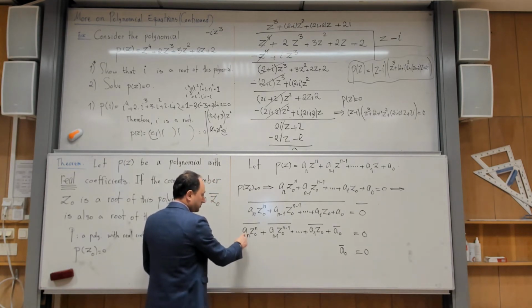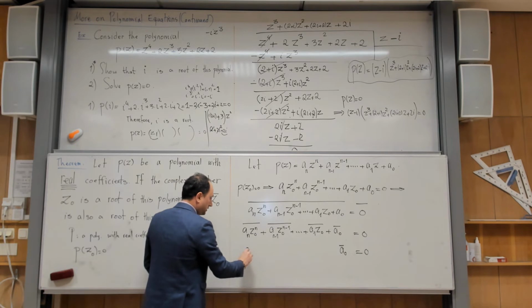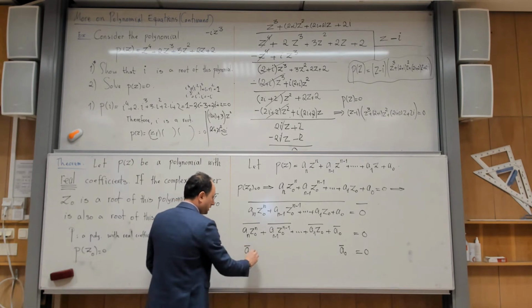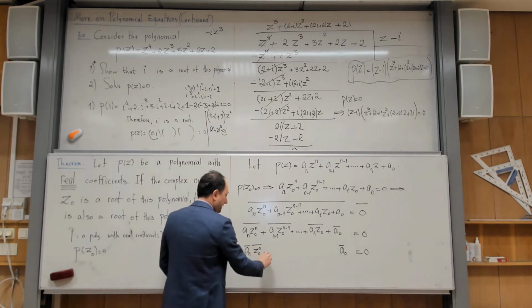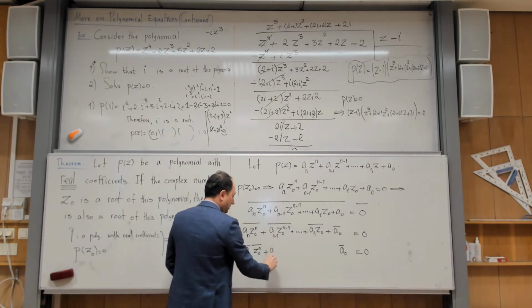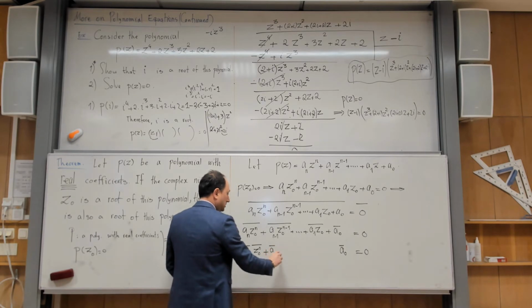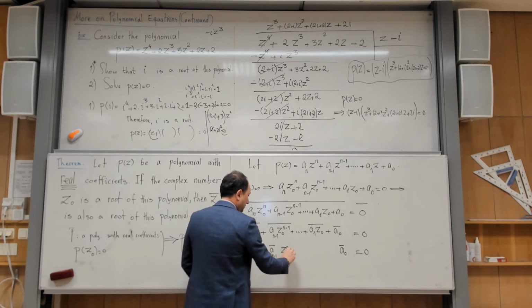It's a product. We learned that the conjugate of the product is the conjugate of the first one multiplied by the conjugate of the second one. Plus the same thing here: conjugate of the first one multiplied by conjugate of the second one.